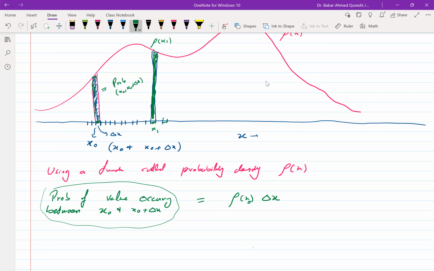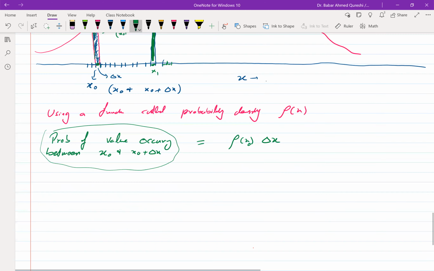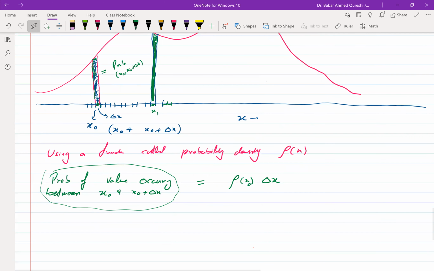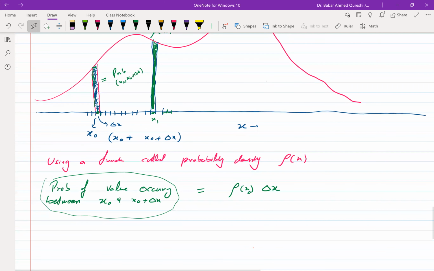Ideally, when you're defining this, you want to do it for small ranges, because the reason I can write it like this is that these are rectangles. They won't be rectangles if I make a very big bin size. They are rectangles only when I make the bin size small.